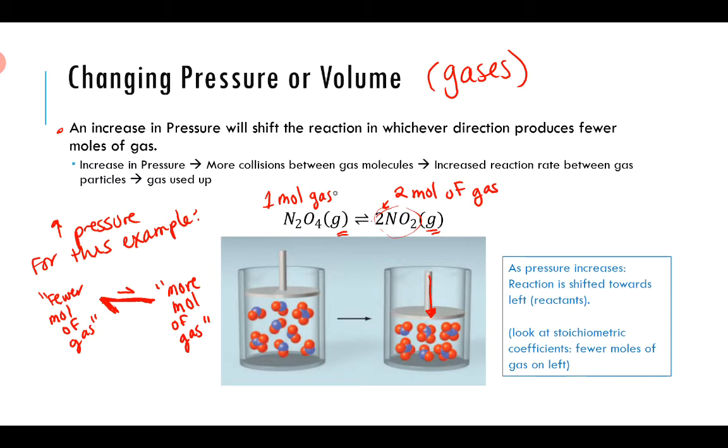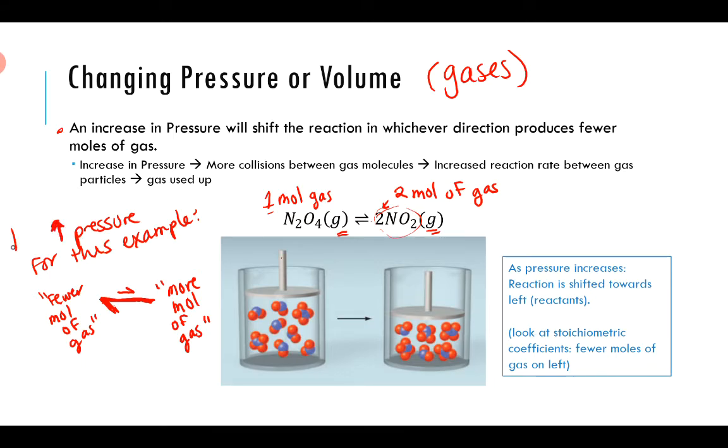So it's not always like a left or right. You really have to actually look at how many moles of gas there are on both sides. Another thing to remember is that increasing the pressure also decreases the volume. So if we increase pressure, it will have this effect.